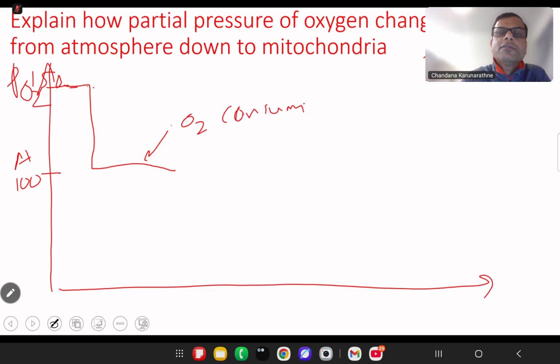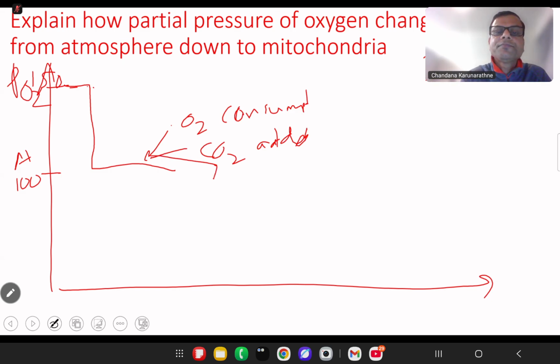When oxygen goes into the bloodstream, the level in the alveoli comes down. And then what else is happening? As you said, carbon dioxide gets added. So oxygen consumption and carbon dioxide addition is one thing.